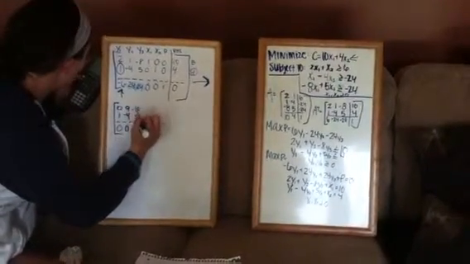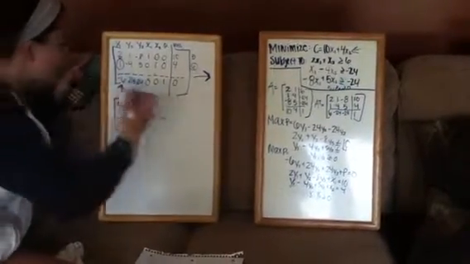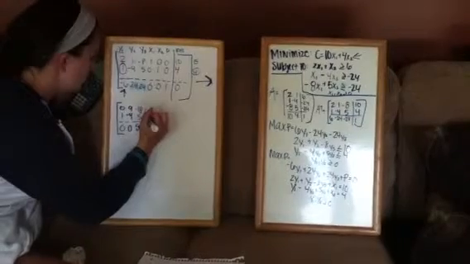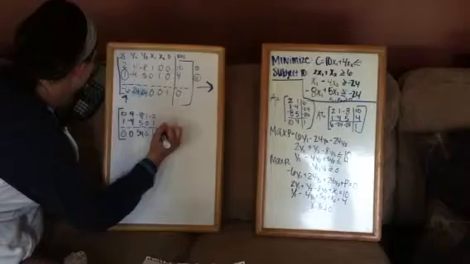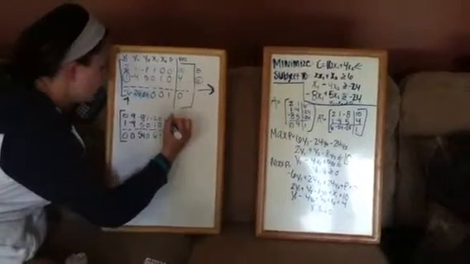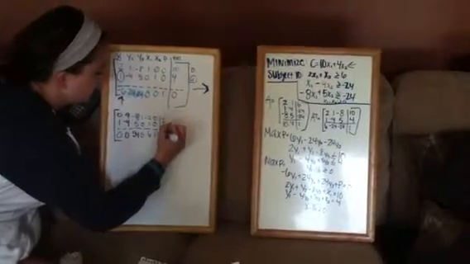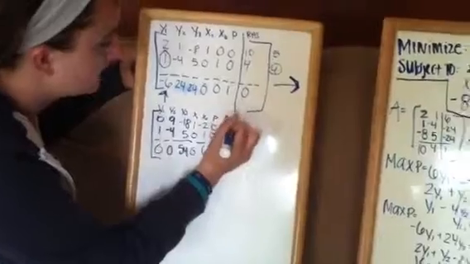Negative 19, 5, 54. 1, 0, 0, negative 2, 1, 6, 0, 0, 1, 2, 4, 24. Okay, so this is what we come up with. Now, we have again our y1, y2, y3, x1, x2, p, and then our right hand side.